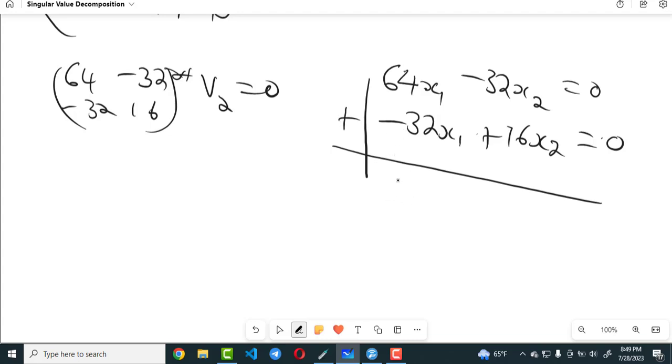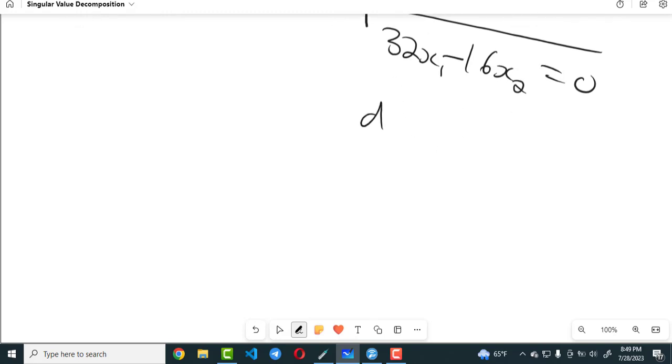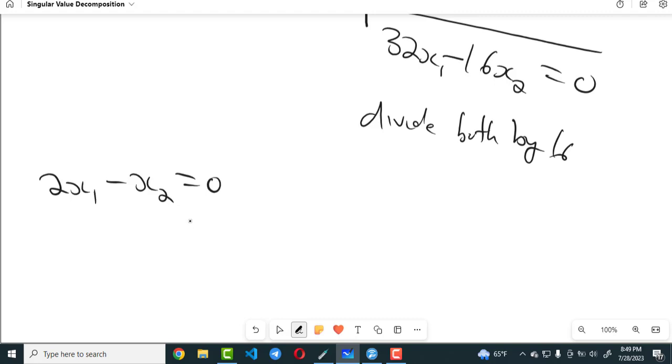If we add these two, we get 32 x1, 64 minus 32, and minus 32 plus 16, we get a negative 16 x2, which equals 0. And if we divide both by 16, we get nothing but 2 x1 minus x2 equals 0.